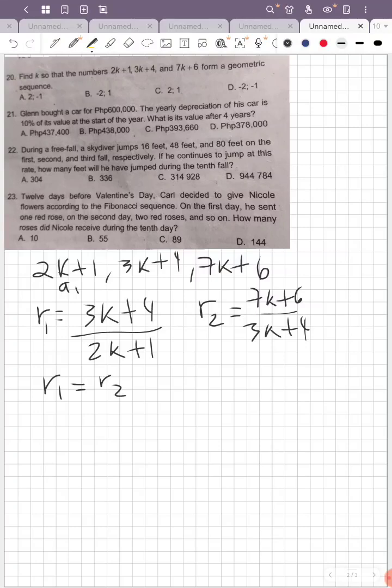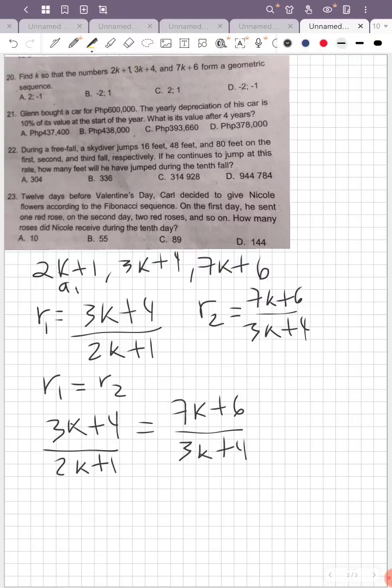So 3k plus 4 over 2k plus 1 is equal to 7k plus 6 over 3k plus 4. You'll just have to cross multiply.